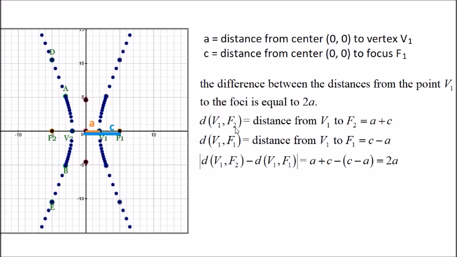And now let's look at the distance from V1 to F2. V1 is right here, and F2 is right here. The distance from here to here is A, the distance from here to here is C, and therefore the distance from V1 to F2 is A plus C.